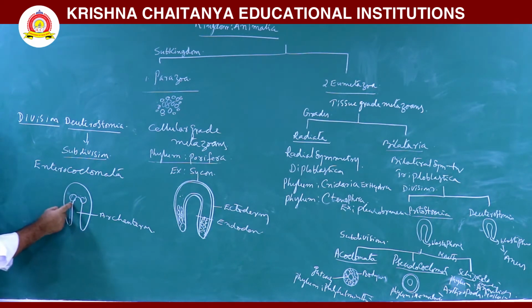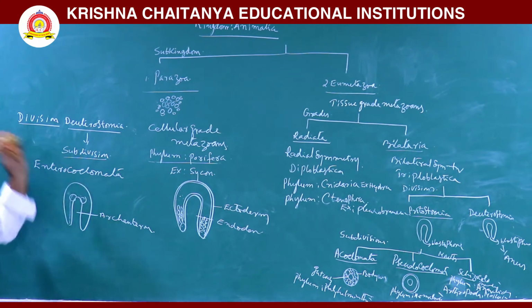This pouch gets separated from the archenteron, and the cavities present in these pouches unite and form a coelom. That coelom is called an enterocoelom. The animals which have enterocoelom are called enterocoelomates. These enterocoelomates are included under the subdivision Enterocoelomata.